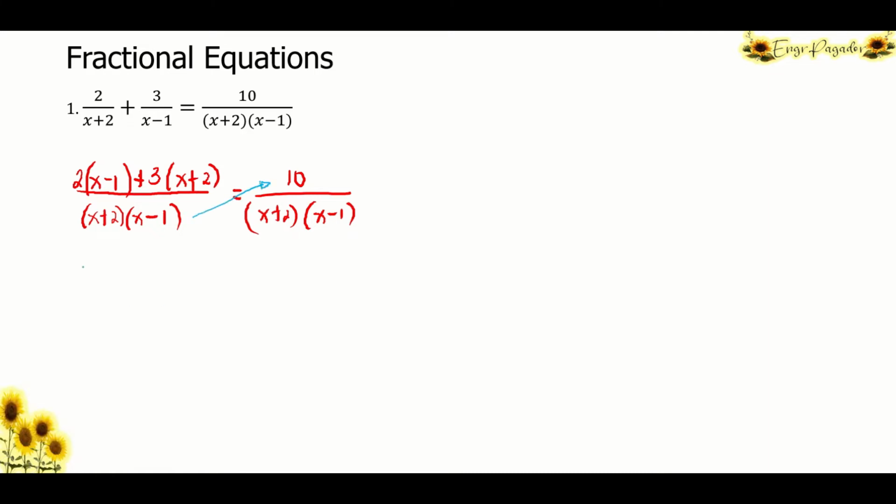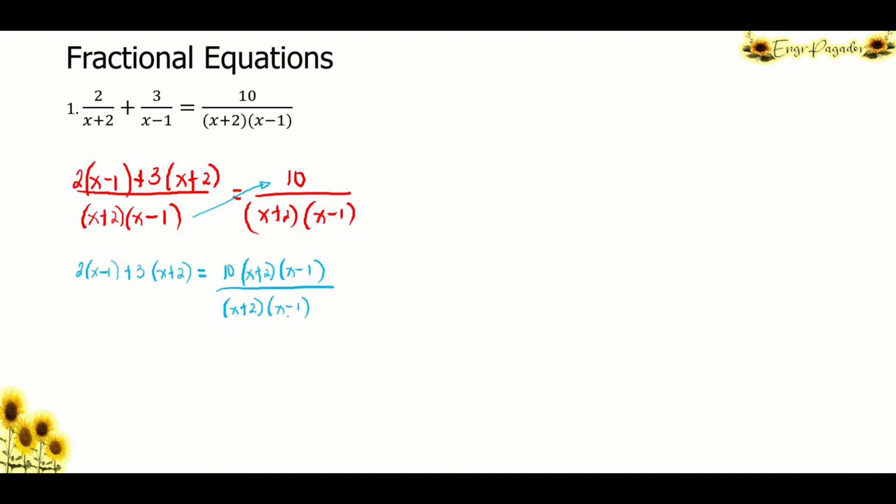This will become 2 times x minus 1 plus 3 times x plus 2 is equal to 10 multiplied by what we cross multiplied. So that will be x plus 2 times x minus 1 divided by the denominator of this side, so that is x plus 2 and x minus 1.